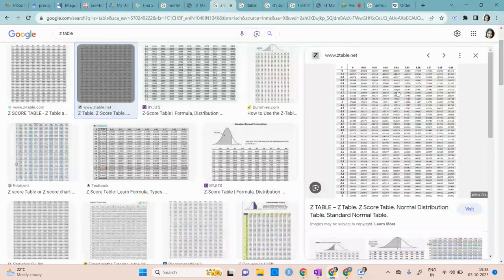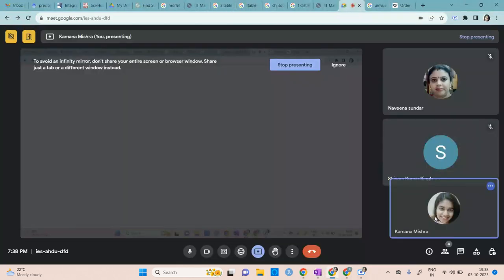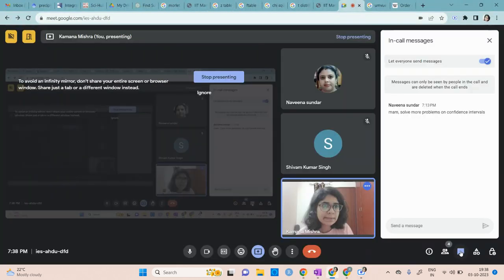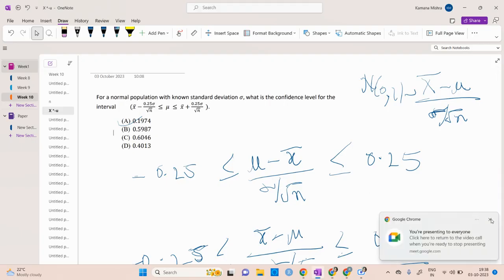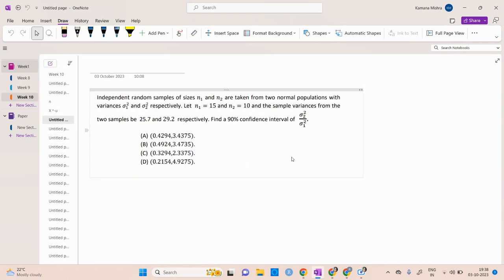Okay, cool. So this is the answer. Now, the next, as you can see, the question here is that there are independent random variables of size n1 and n2 given, and we want to find the confidence interval for this.